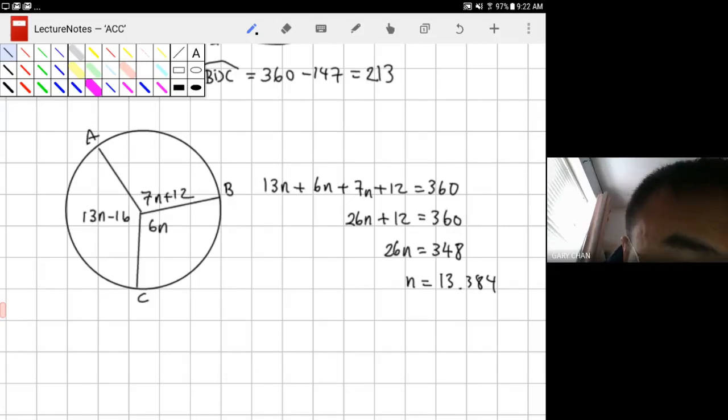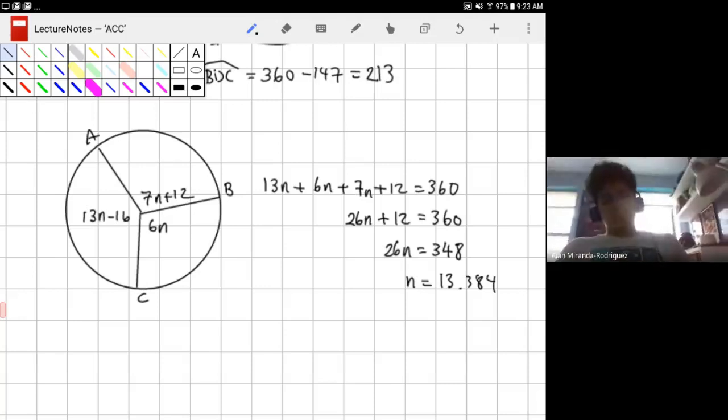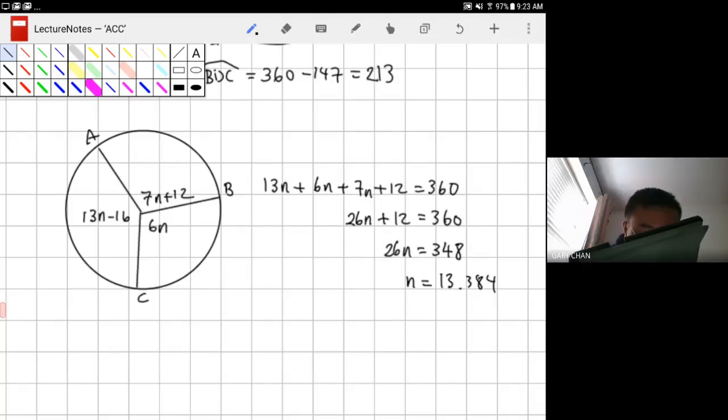Okay. The question is not to find out what n is, but to find out what arc BC is, right? So once we have this, we got to go back and substitute n into this one right here. So if we multiply n by 6, what are we ending up with then?